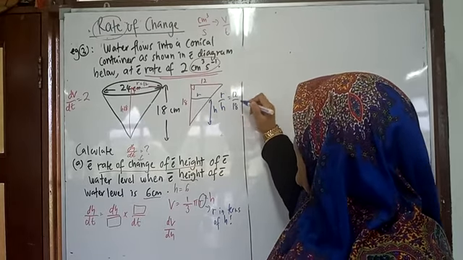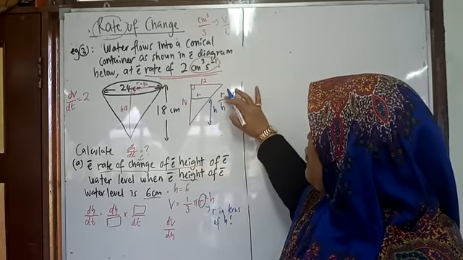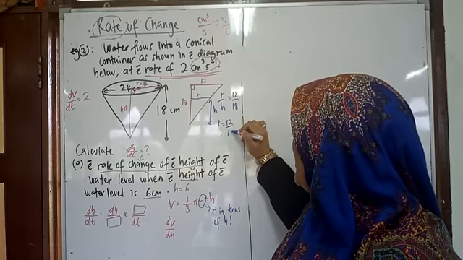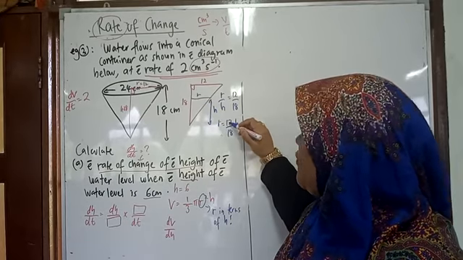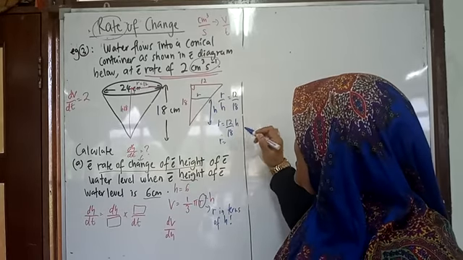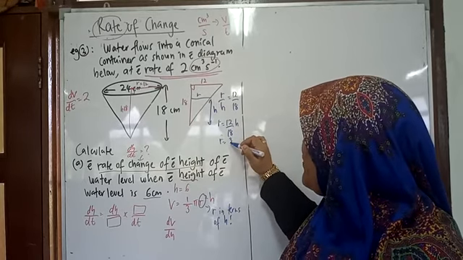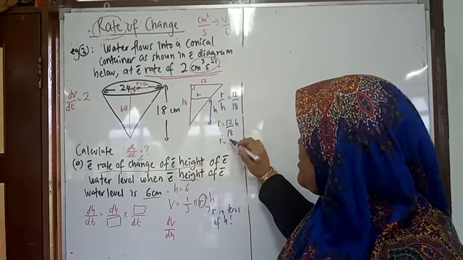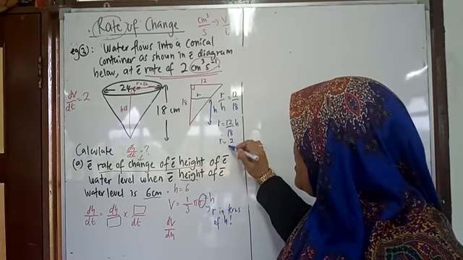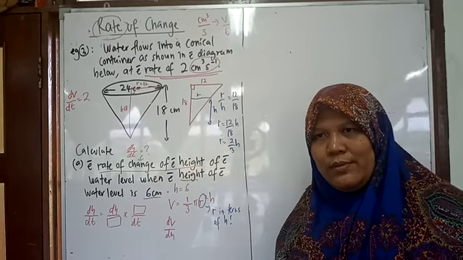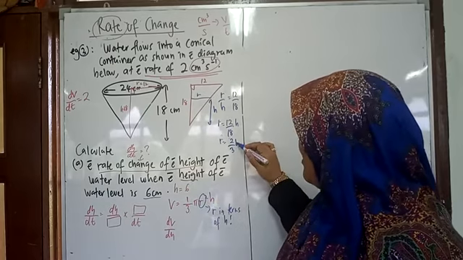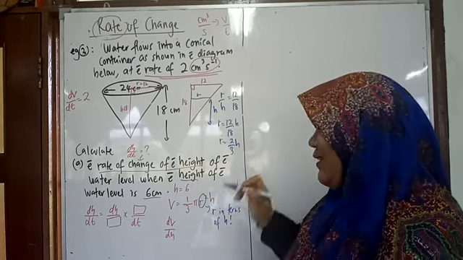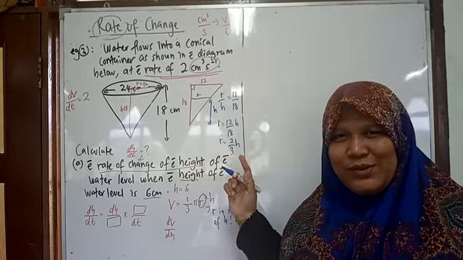Since we need to change r in terms of h, we have r equals 12/18 h, and 12/18 we can simplify as 4/6, which is 2/3. So r is equal to 2/3 h.